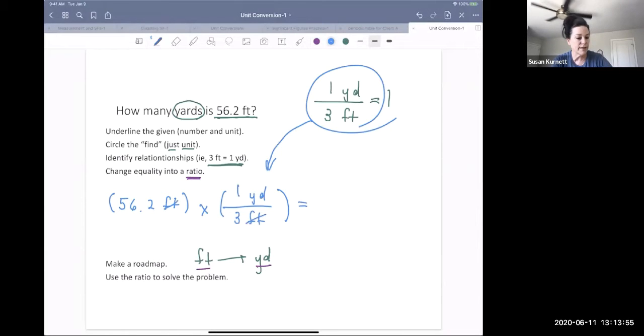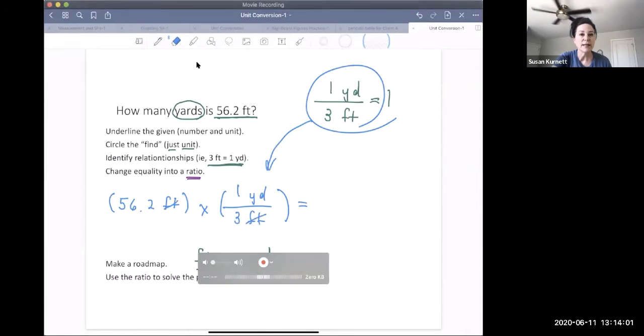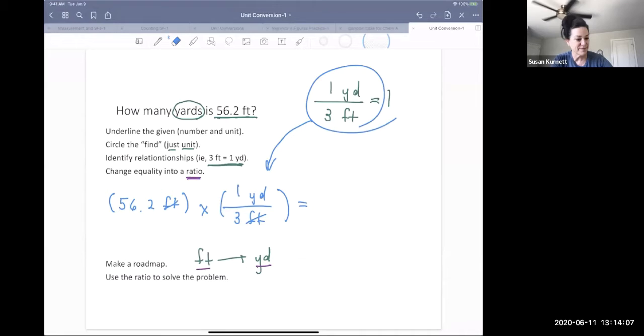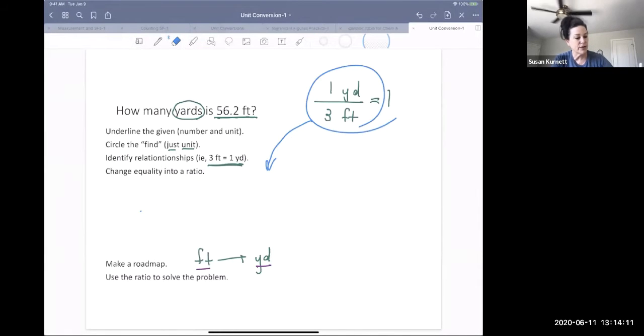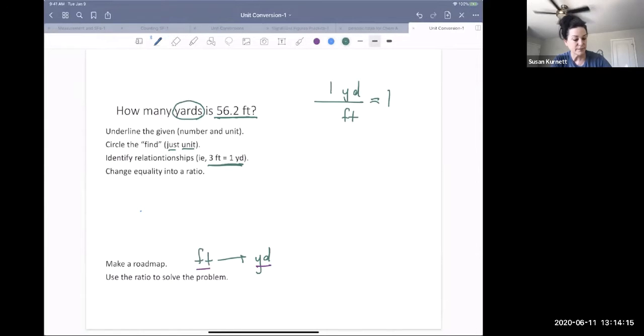But I'm not going to write it that way because all these parentheses are going to start to get a little bit confusing. So even though I could write it that way, I'm not going to. I'm going to start with the given, 56.2 feet.